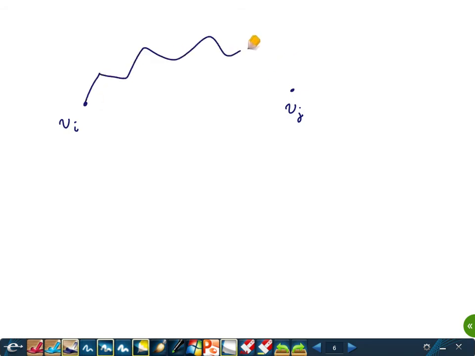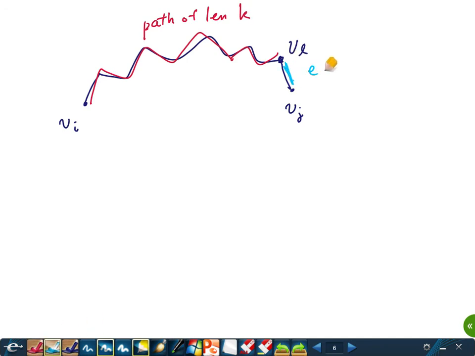If you look at the last edge, we must have this decomposition: a path of length k plus one edge. This part is a path of length k, and this part is an edge.